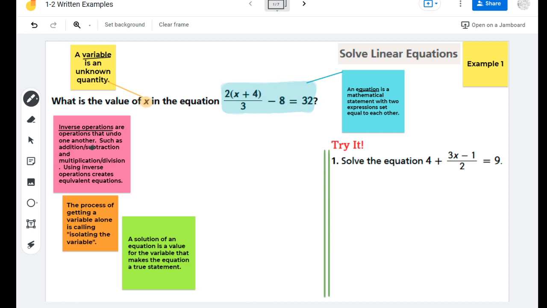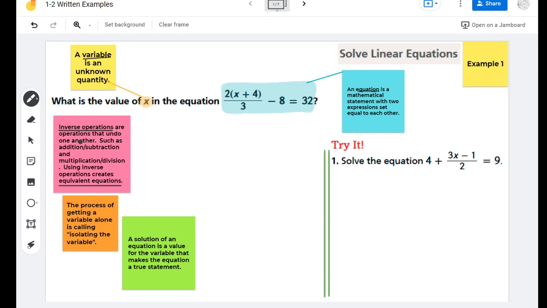So for example, subtraction counteracts addition, and multiplication counteracts division. All right? The process of using these inverse operations is going to create what are called equivalent equations. So they're equations that are equal to each other, they just look a little different.